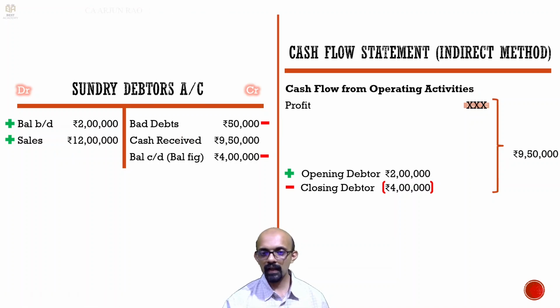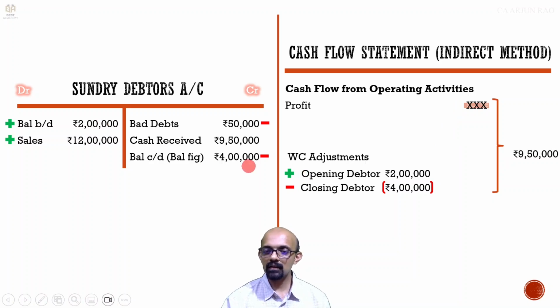So in order to get 9,50,000, we need to include sales and bad debts, the related income or expense, in profit, and we need to make what we refer to as working capital adjustments. So will this increase in debtor of 2 lakhs be shown as a positive value or negative value in the cash flow statement?